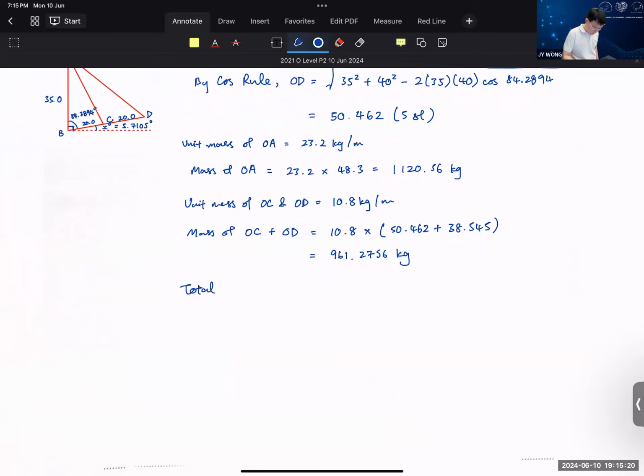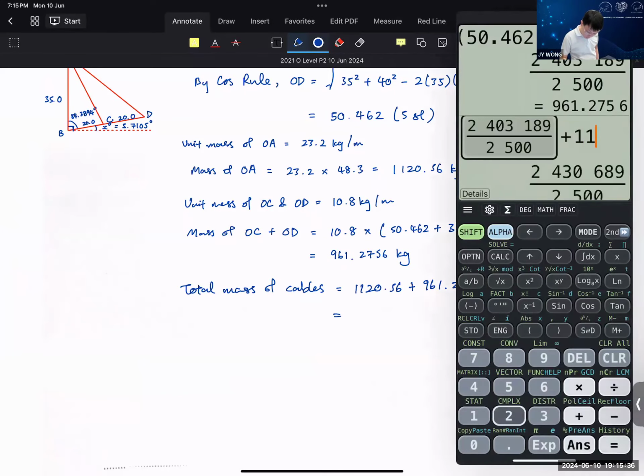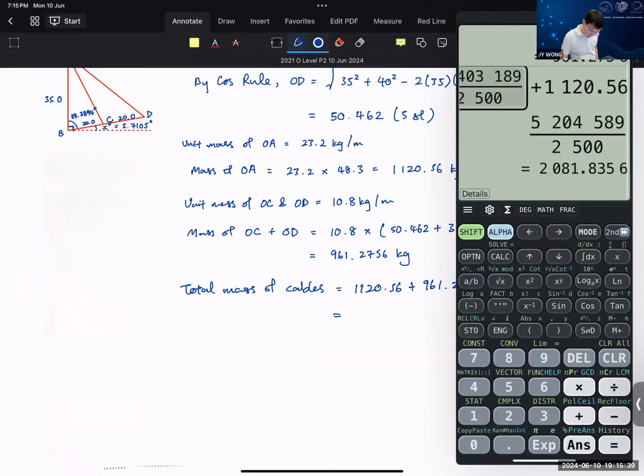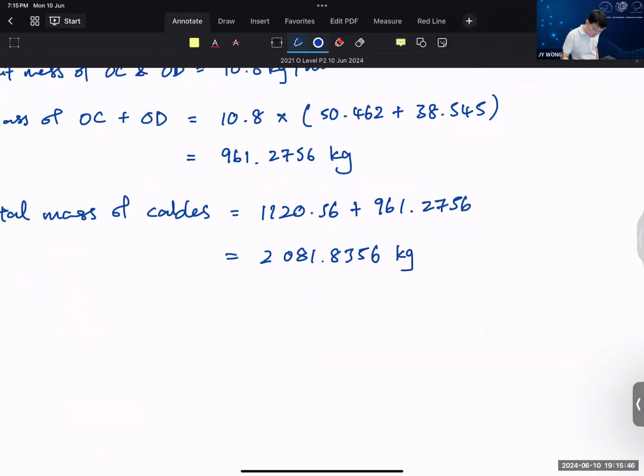Total mass of cables equal to 1120.56 plus 961.2756, which will give you 2081.8356 kg, which is approximately 2.082 tons.